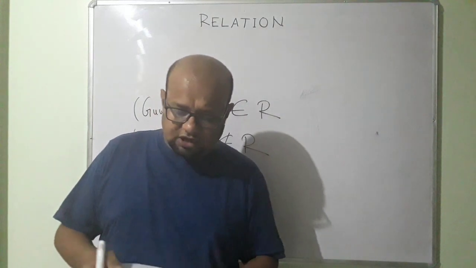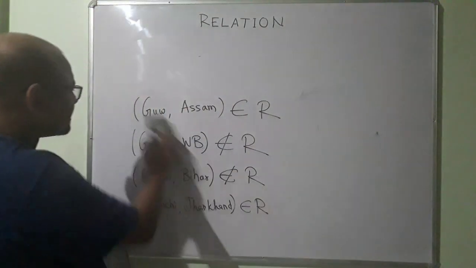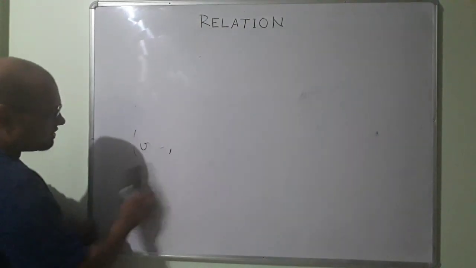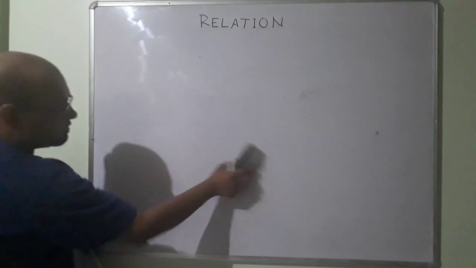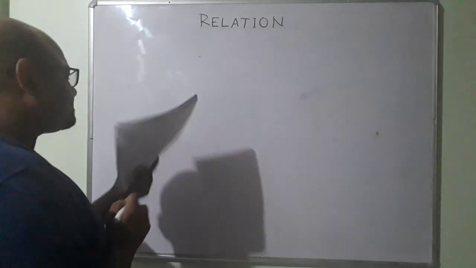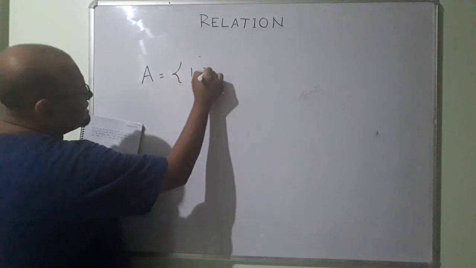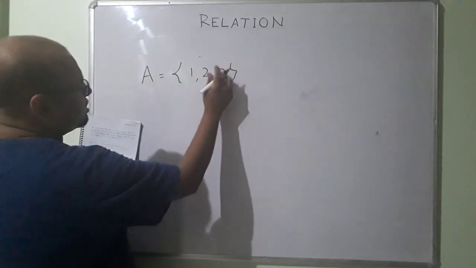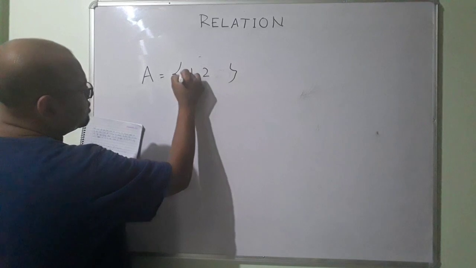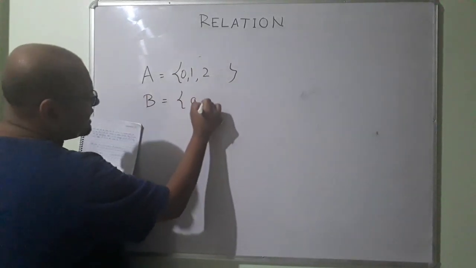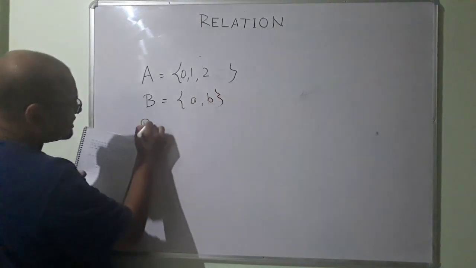Alright. So, let me give you another relation and let us try to represent it in the two ways that we saw. Okay. Now, this relation is between two sets. A has these elements 0, 1, 2, and B is this set which has elements a and b. And what is my relation?